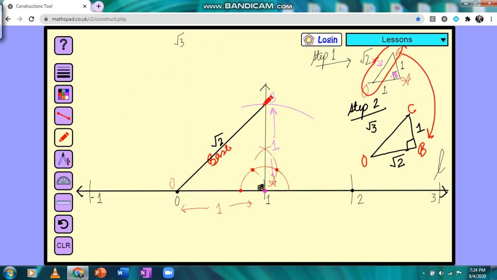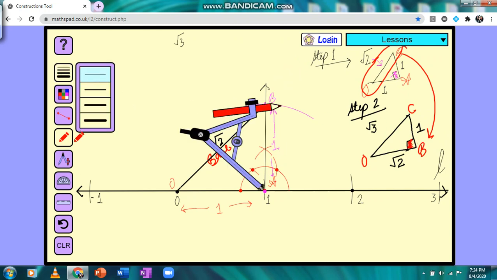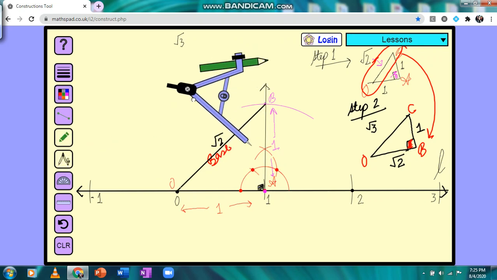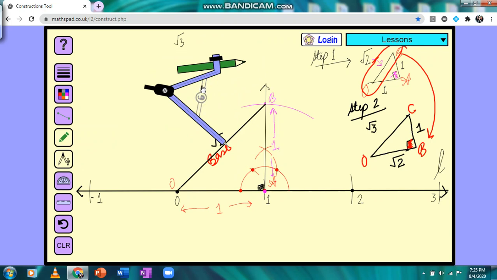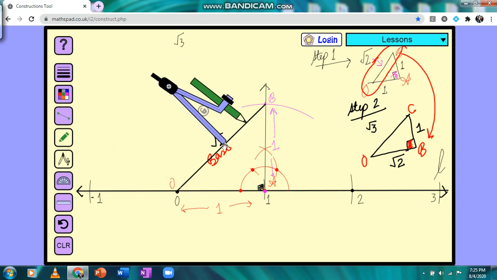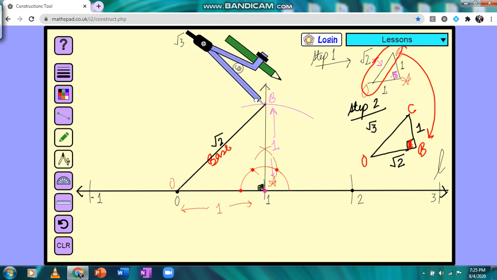So I want to construct 90-degree angle at point B. I have the base as root 2, OB. At B, I want a 90-degree angle. That will be my next step. So let's construct a 90-degree angle at B. D will be the center here.